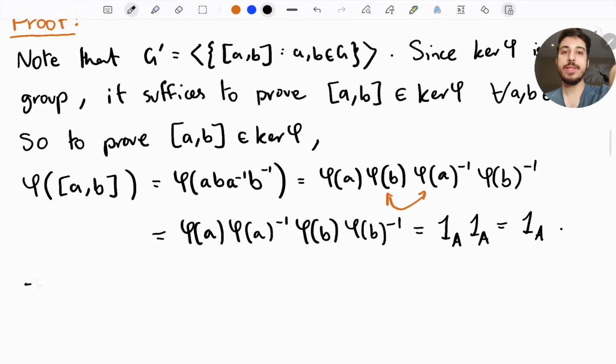So, we have succeeded in proving that the entire commutator subgroup lies in the kernel of phi.